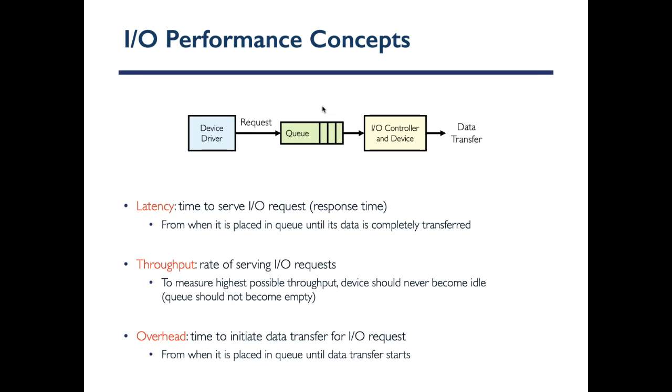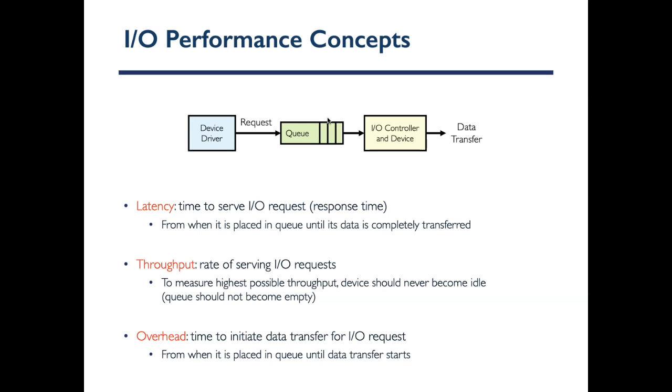So from when a request comes to be placed in the queue, let's say here we're just focusing on requests that are initiated by the device driver. So they're placed in this queue. I'm a little bit hand shaky here. In reality, you have multiple queues. One might be in the memory, one might be inside the device.